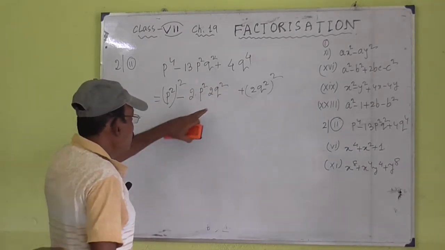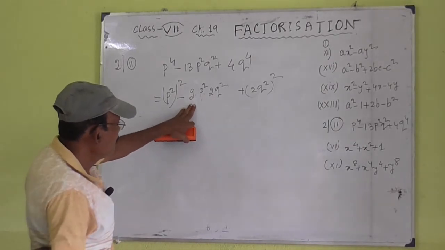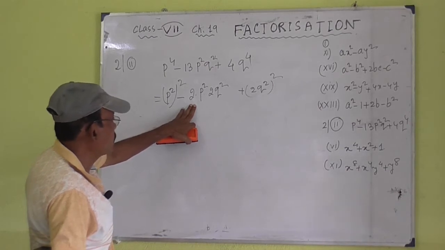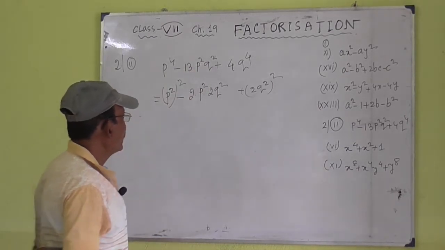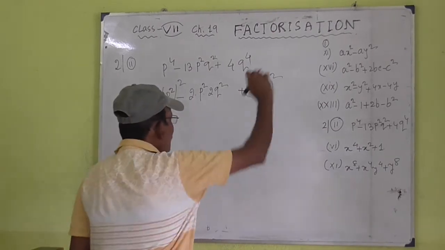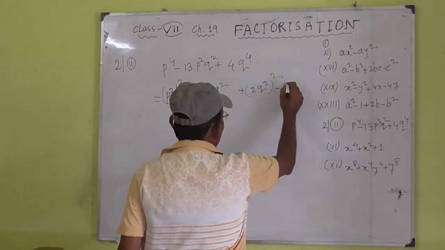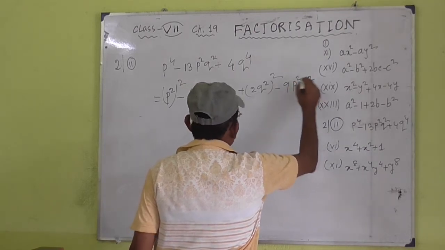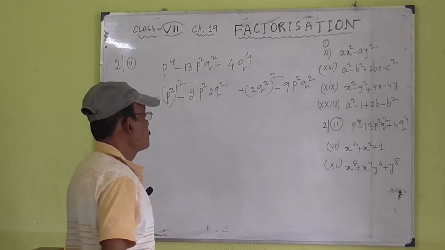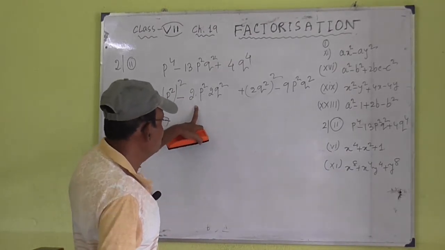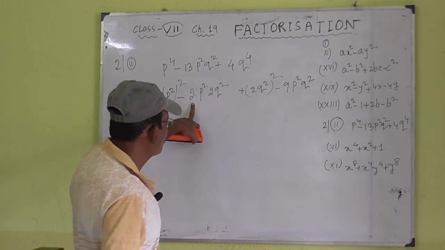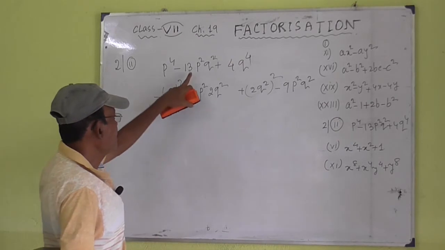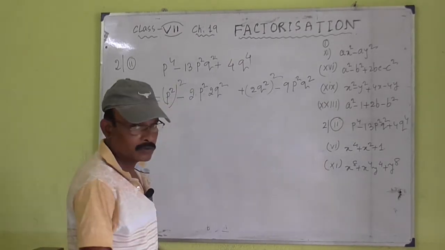Here it is minus 4 p square q square. To get minus 13 p square q square, we must write 9 p square q square. To get the balance, minus 4 p square q square and minus 9 p square q square make minus 13 p square q square, clear?